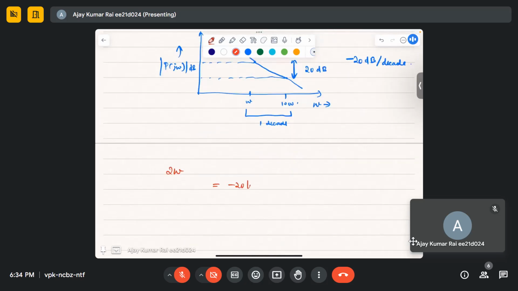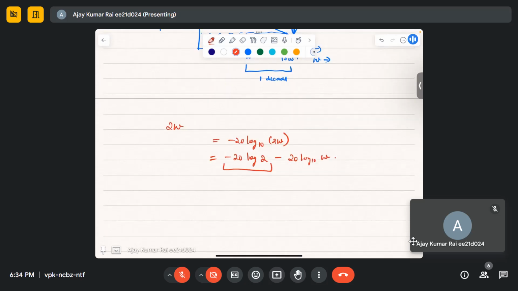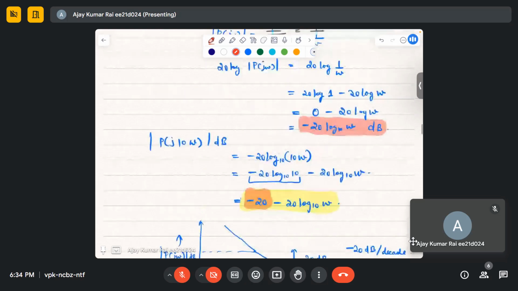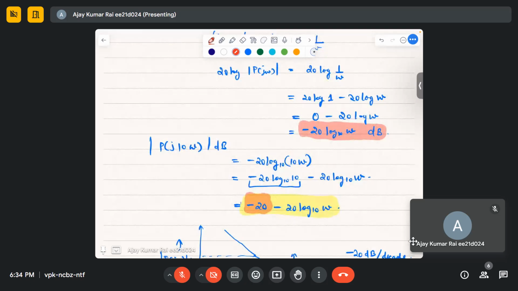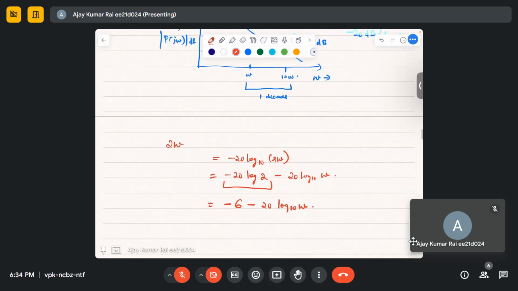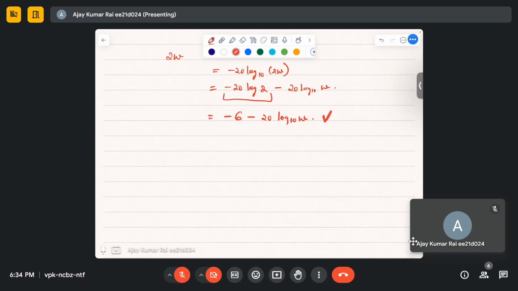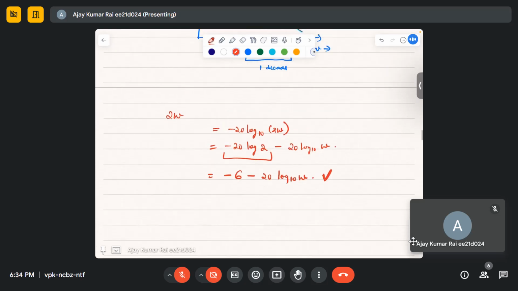So again minus 20 log of 2 omega, which I can write as 20 log of 2 minus 20 log of omega. If you find log of 2 and multiply by 20, this will be about minus 6, minus 6 minus 20 log omega. Now we compare these magnitudes at omega and at 2 omega, and you can see the magnitude has decreased by 6.